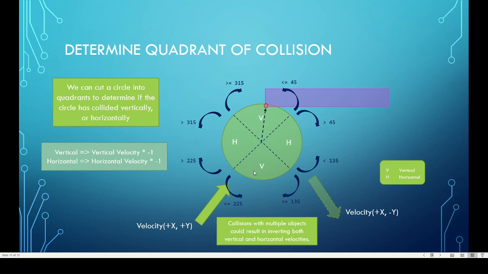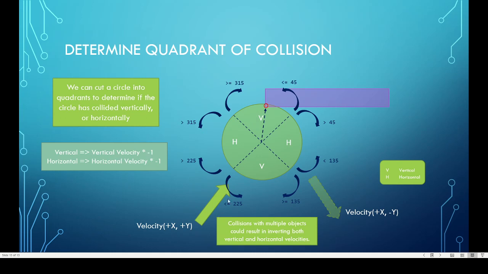But once we know whether we had a vertical or a horizontal impact, what we can do is use that to modify the velocities of the ball. So if we had a vertical impact, we just take the vertical velocity and invert it by multiplying it by -1.